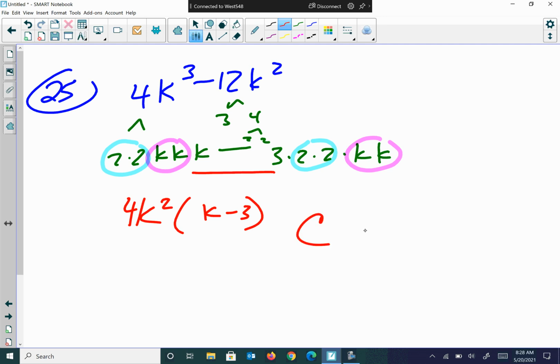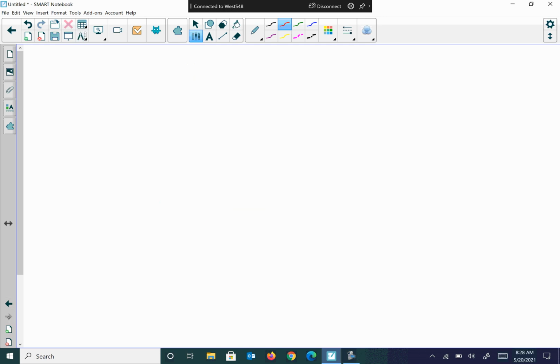Make sense? All right. So now, rather than reteaching something, if you didn't get it the first time, me reteaching it over 4 minutes isn't going to make it solidify.